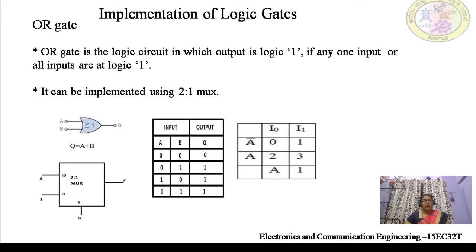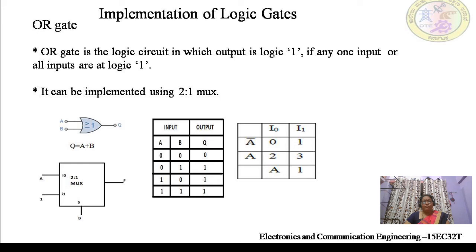It is our convenience. So now I have to fill the table. There are two rows representing A bar and A. The first row is filled with the values where A is 0. There are actually four entries: the first entry represents minterm 0, the second entry represents minterm 1, the third entry represents minterm 2, and the fourth entry represents minterm 3.